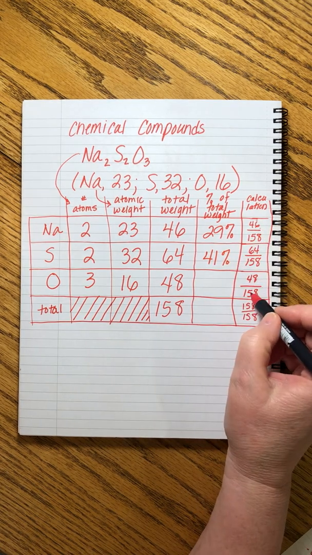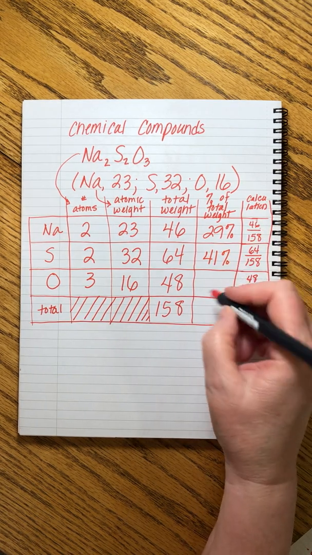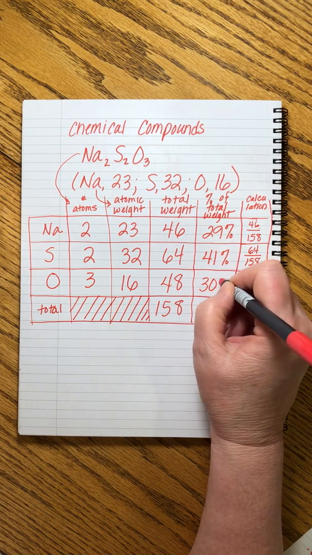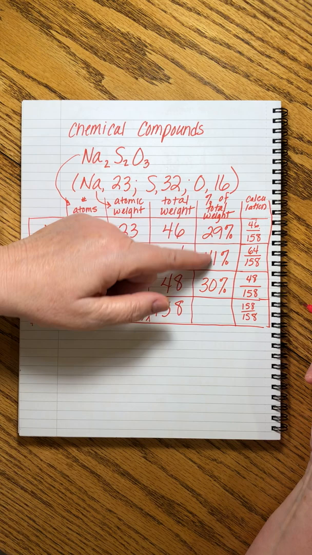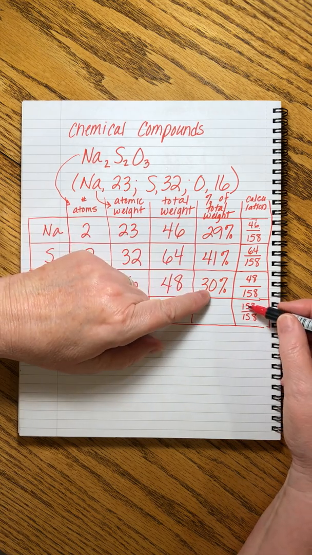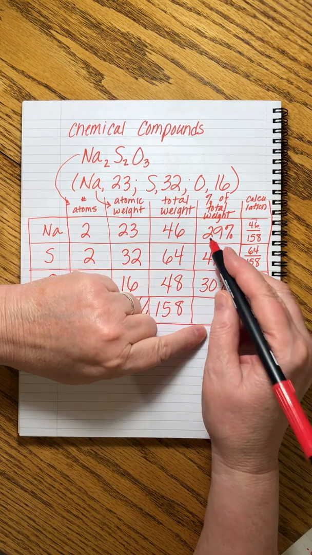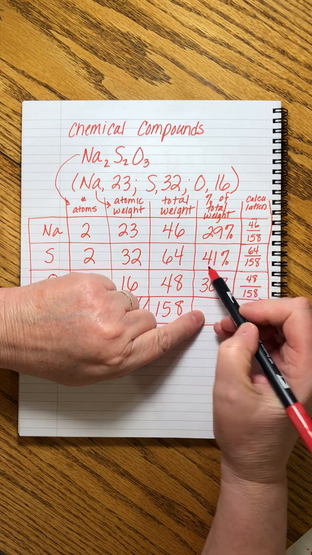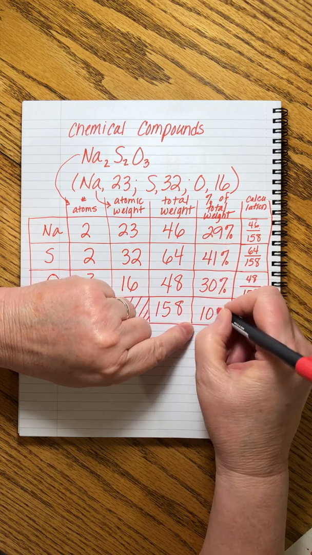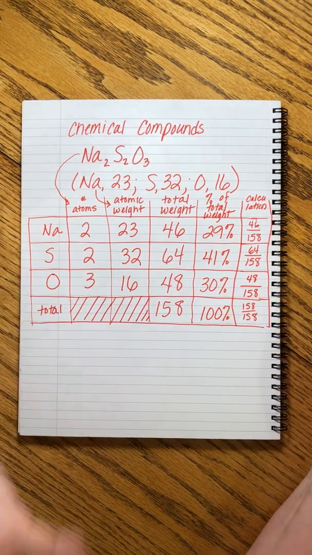And then this one would come out to 0.30, so we would write it as 30%. And then, if we've done our work correctly, these should add up to 100, because the total should be 100%, right? So let's see, there's a 0, carry the 1, 3, 7, 10. Okay, so it does. It adds up to 100%.